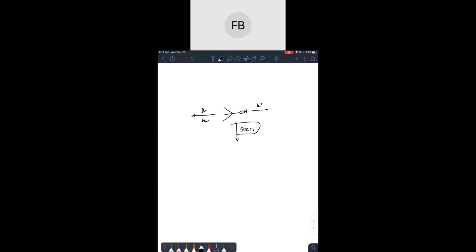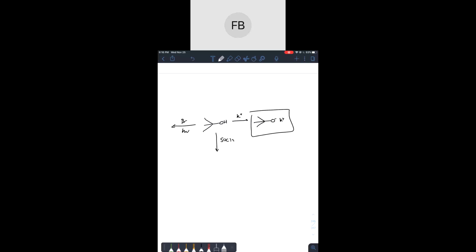With SOCl2, I've also seen him do PBr3, but either way it's pretty much the same. In the first case, you form this O minus with a K plus.